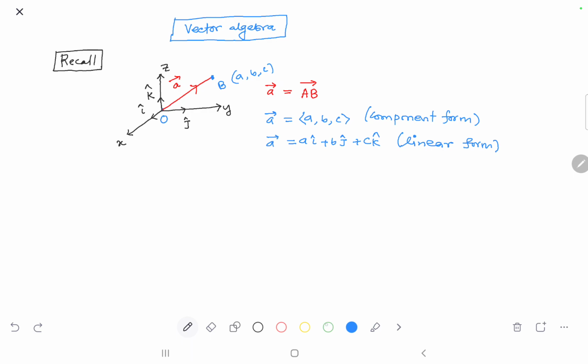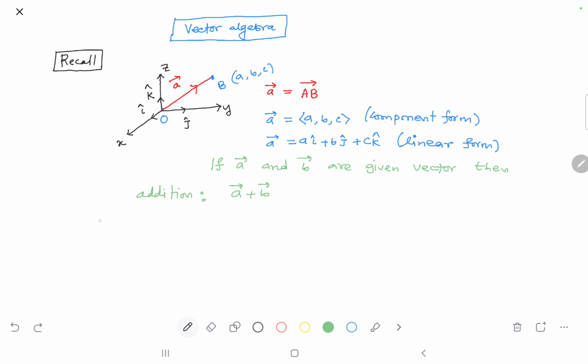Now we know that we can add two vectors. If a and b are given vectors, two directed line segments starting from the origin, we can find a vector plus b vector. This is the addition we did last time.